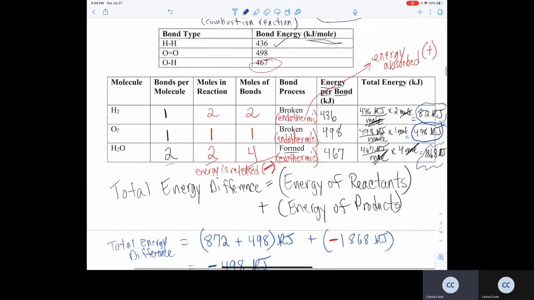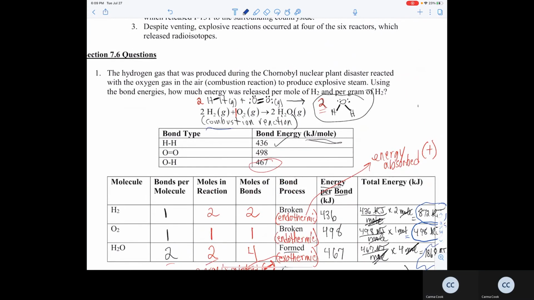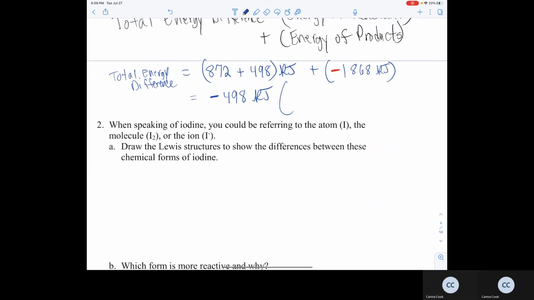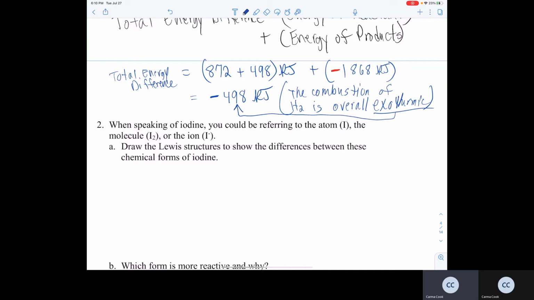So the combustion of hydrogen gas is an exothermic process, and that's because our total energy difference is negative.